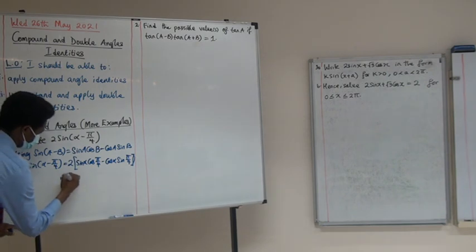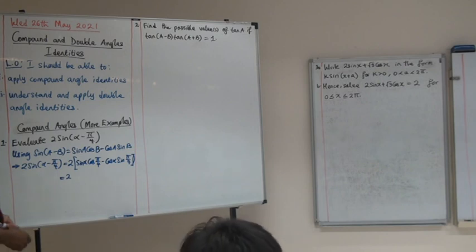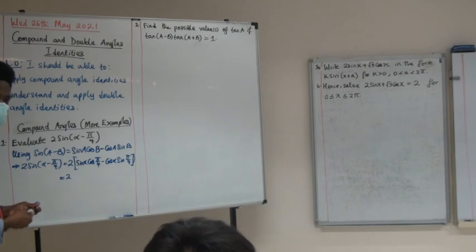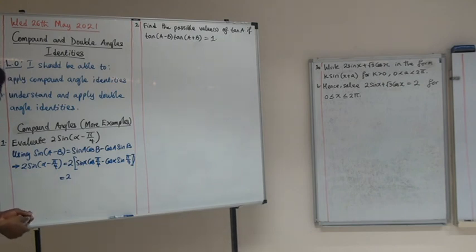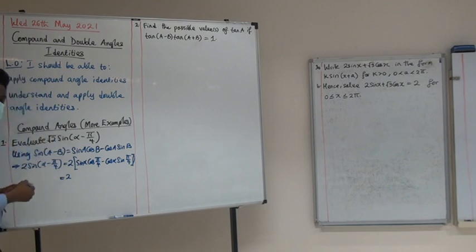Pi over 4 is not 90, it's 45. Pi is 180. It's 2 root 2. I think I meant to put this as root 2 instead.